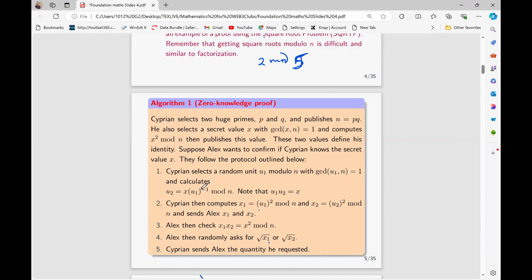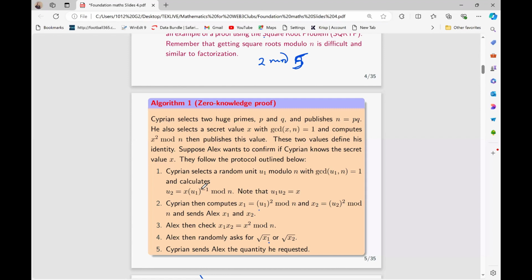So the intruder trying to pretend to be Cyprian may answer 1 or 2 questions correctly, but half of the questions will be answered wrongly by the intruder, because the intruder does not know what x is.